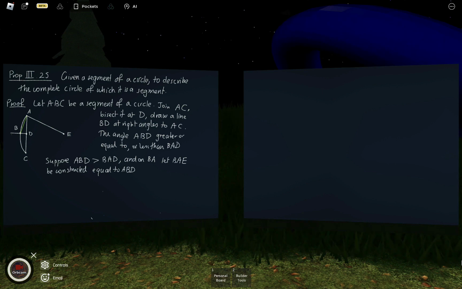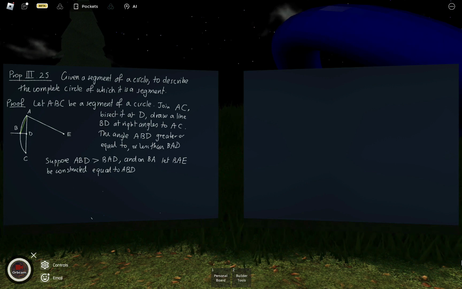And let EC be joined. Let the angle BAE be constructed equal to the angle ABD. Let DB be drawn through to E.